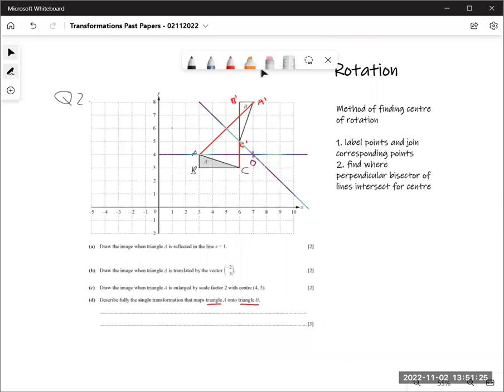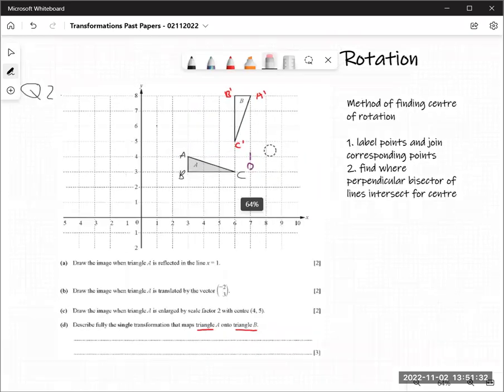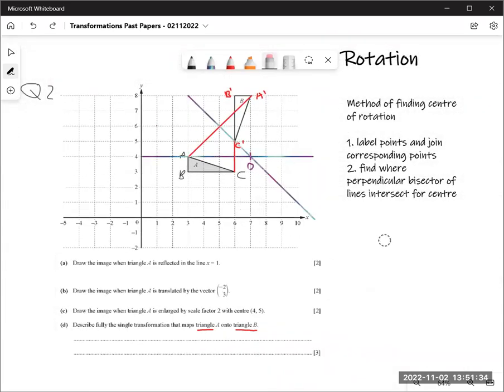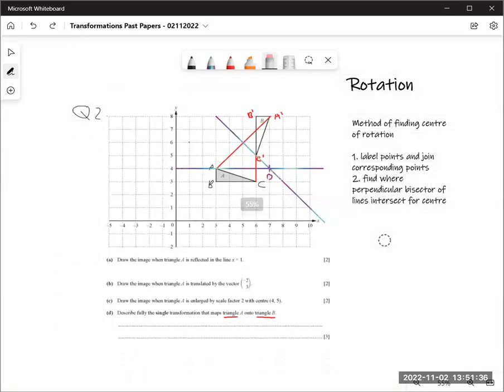So now we have this here. Okay, I know the center. Now, how do I find the angle of rotation? Manvi, how do I find the angle of rotation?